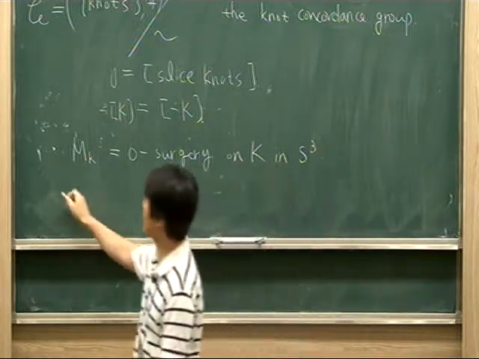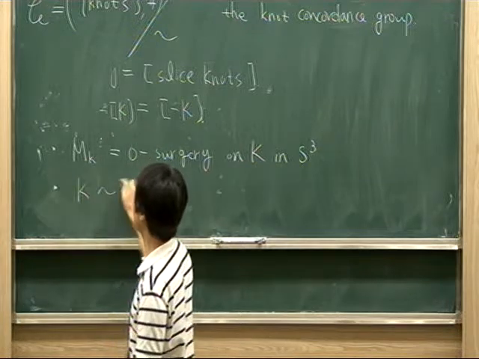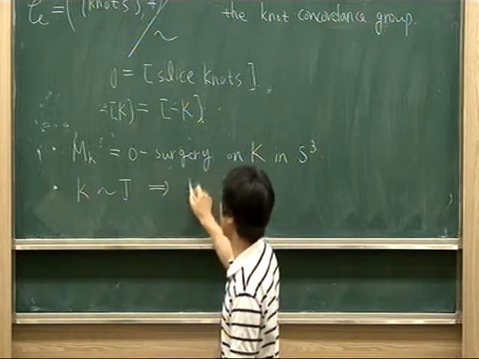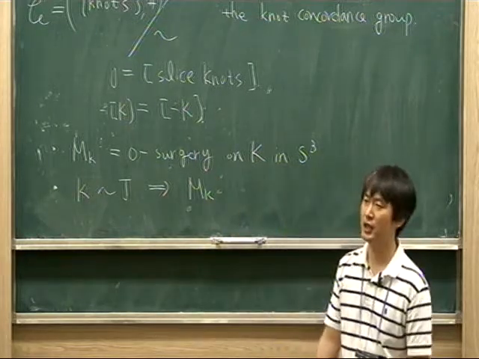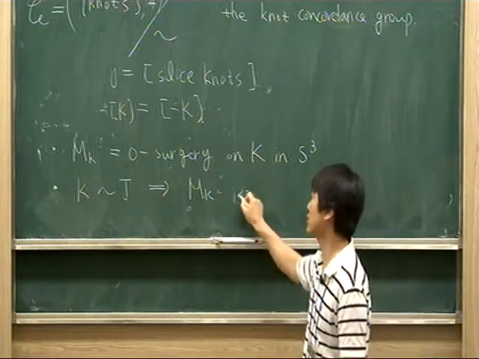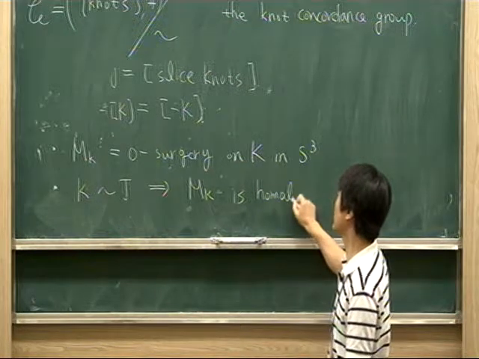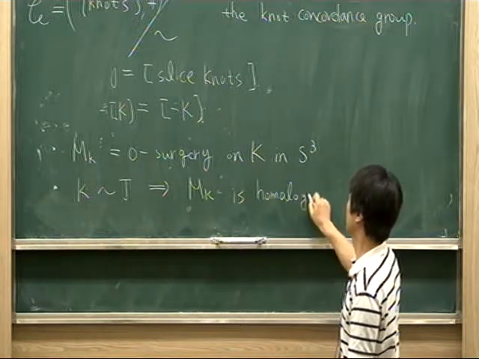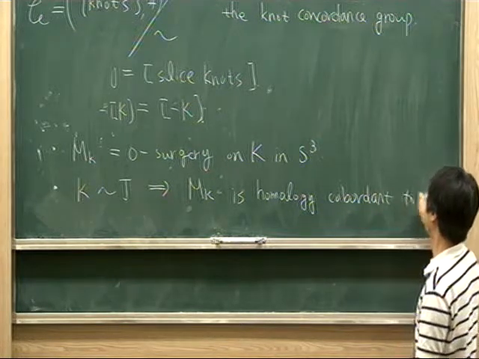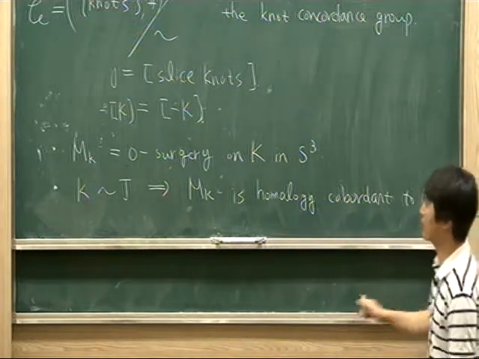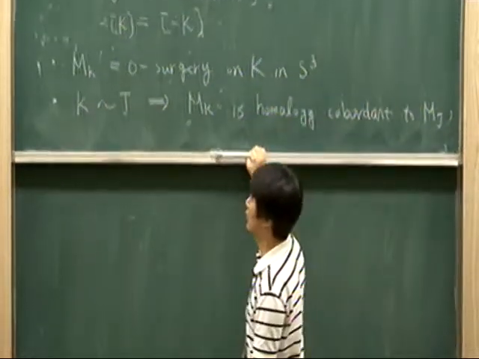By the way, this is a closed three-manifold. Then it turns out that if K is concordant to J, then N_K is so-called homology cobordant to N_J, the zero surgery on the knot J.